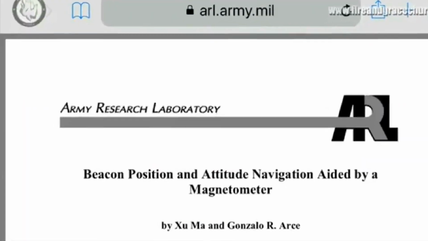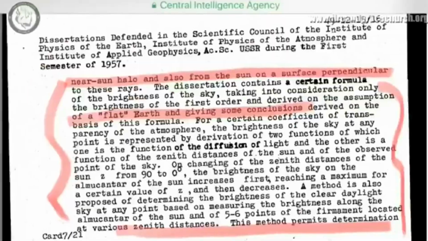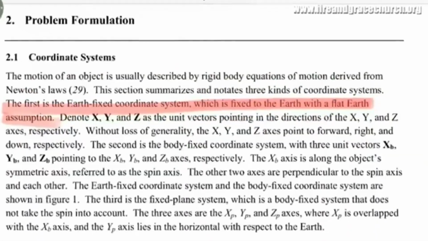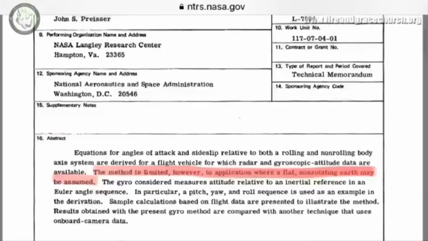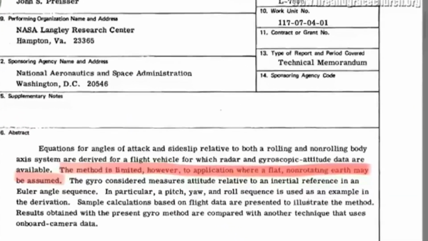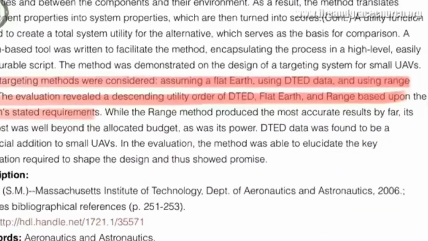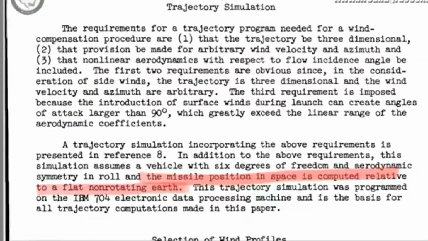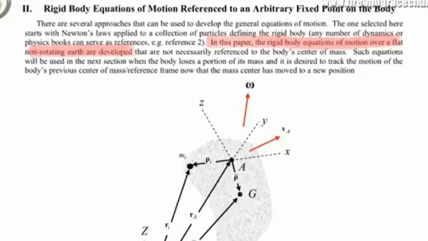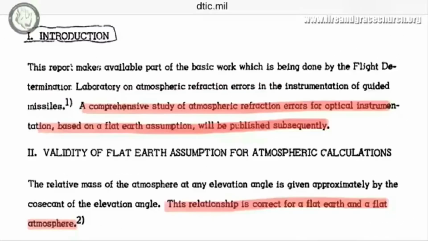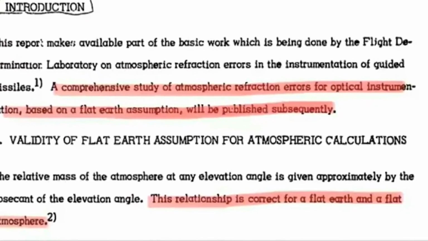MIT, the Army Research Laboratory, flying over a flat, non-rotating Earth. A flat, non-rotating Earth may be assumed. Validity of flat Earth based on a flat Earth assumption for a flat Earth and a flat atmosphere.